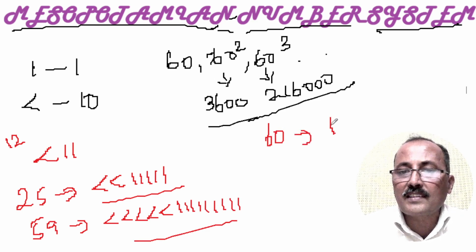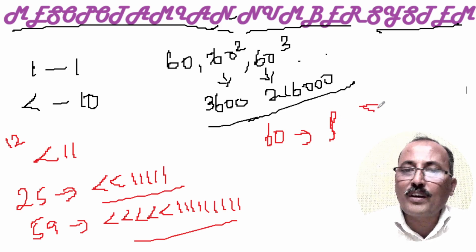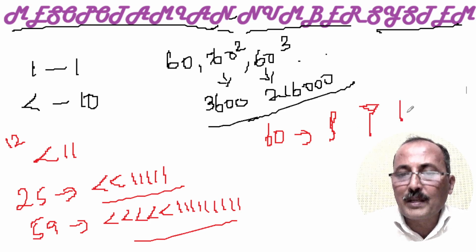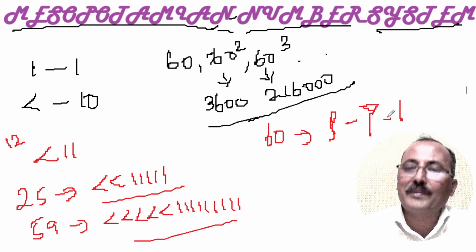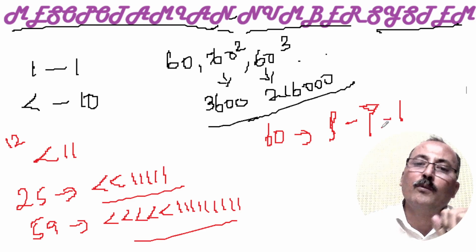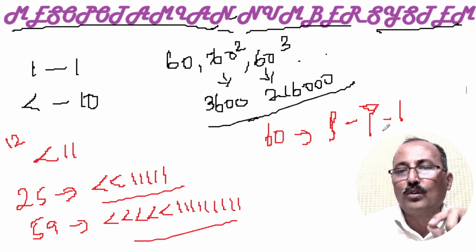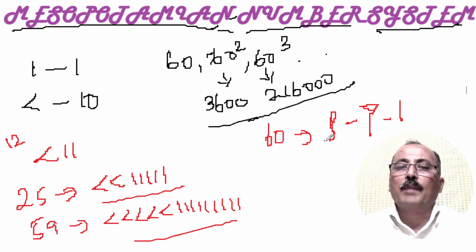That's all. This is 60 now. Let the symbol be like this, or in the textbook it is given in script like this, or simply like this. Whatever symbol you use, there is no problem. These are all just representations, because those people had only those symbols. Now we have a lot of widespread numbers, but they didn't have that.